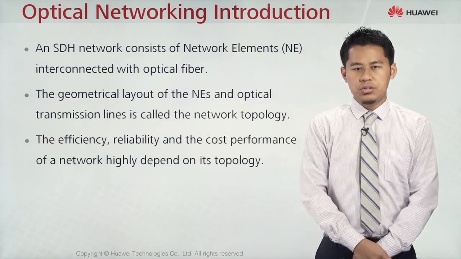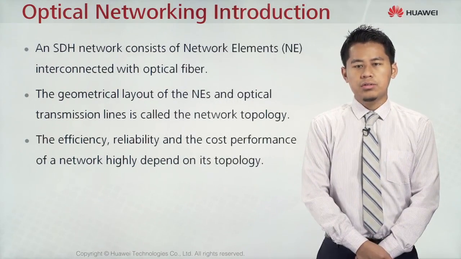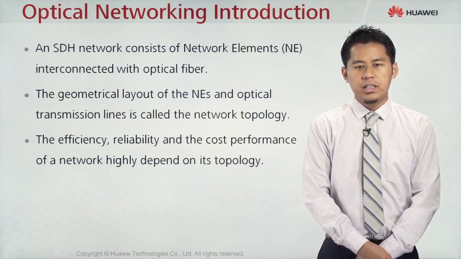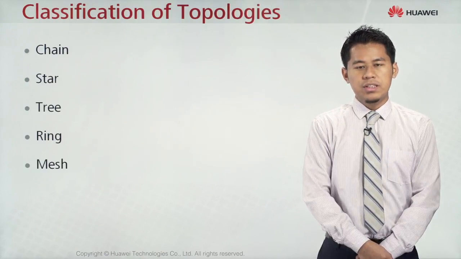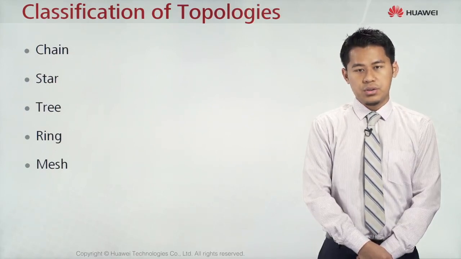Imagine that we have two nodes and a fiber connecting them; that we call a topology. The efficiency, reliability, and cost performance depend on the topology. For classification of the topology, we have 5 here: the chain, star, tree, ring, and mesh topology.